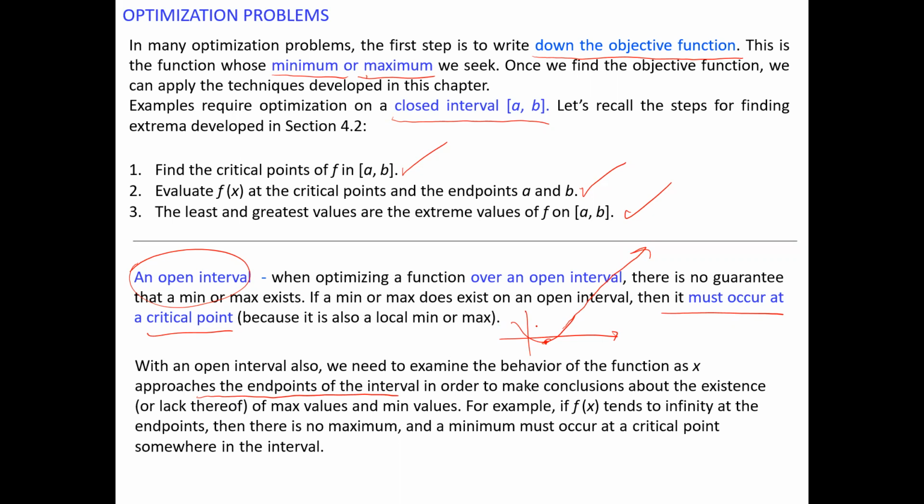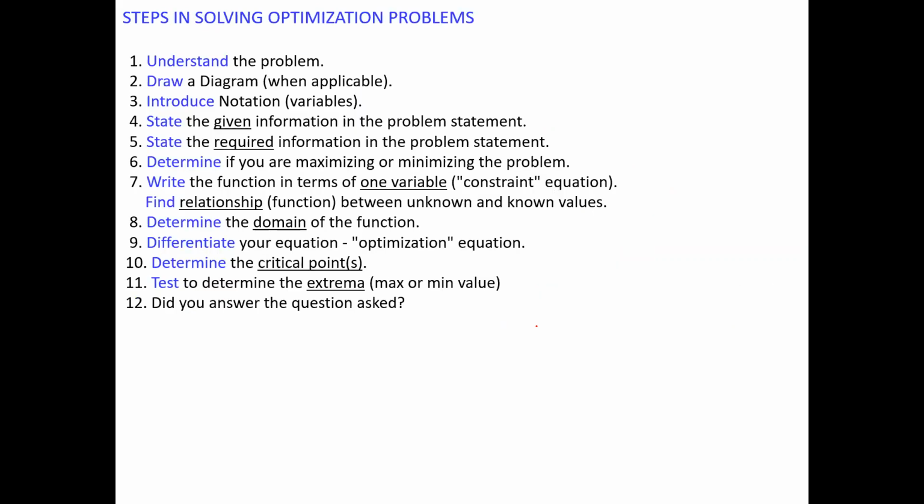Okay, let's put everything in action. This is a short set of guidelines, and we probably always see similar steps. We have to read the problem, understand the problem, draw a diagram, and always label the diagram because the labeling, the notation, will help us to build a function. We have to identify what is given, what is required, and then determine if we are maximizing or minimizing our function.